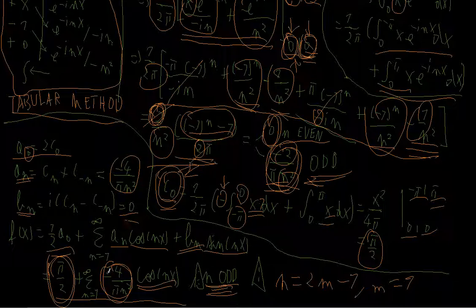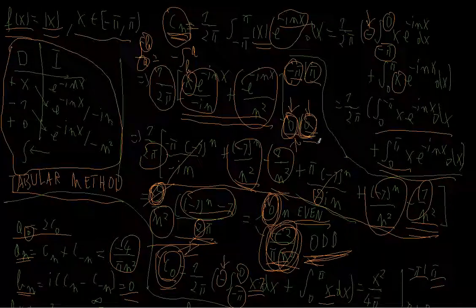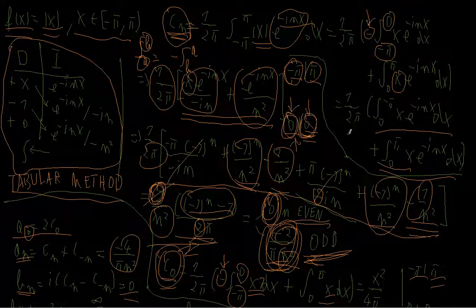So for the general case, you have two cases for even and odd. If n is even and not 0, we get simply 0, and if n is not 0 and odd, we get this minus 2 over pi n squared. And then you use your real Fourier coefficients, the same thing as before.